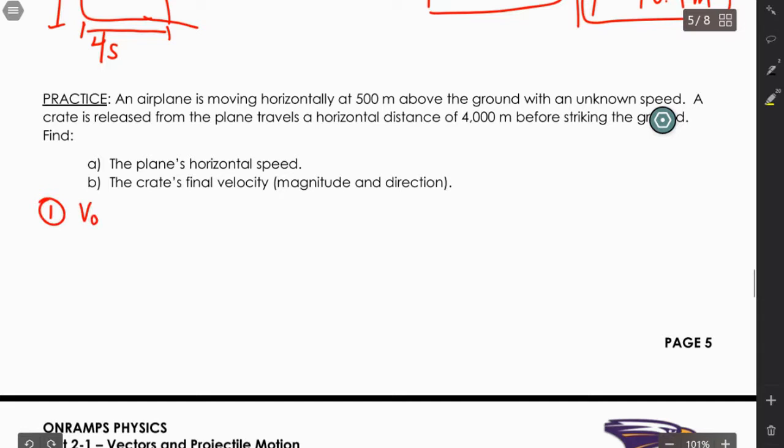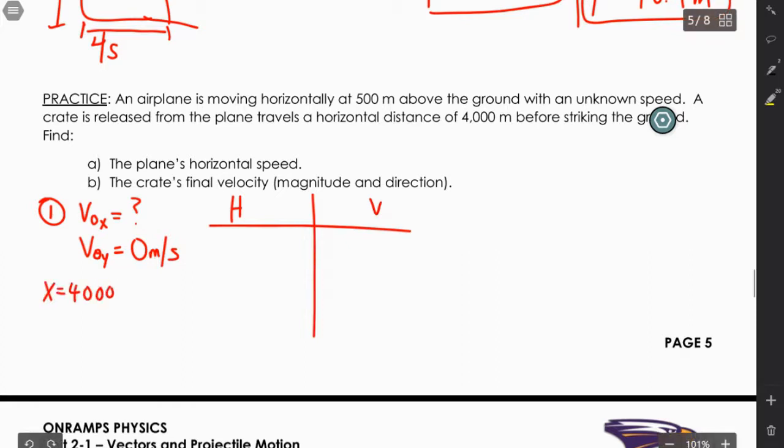Okay, again, start with breaking that vector down, right? So VOX we don't know, VOY we know is 0, right? And then we go into our H and our V. Okay, we do know that it lands 4,000 meters away.